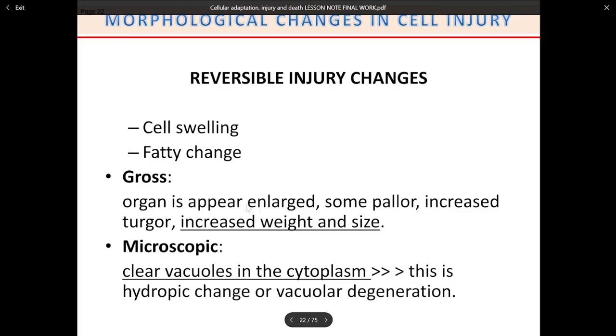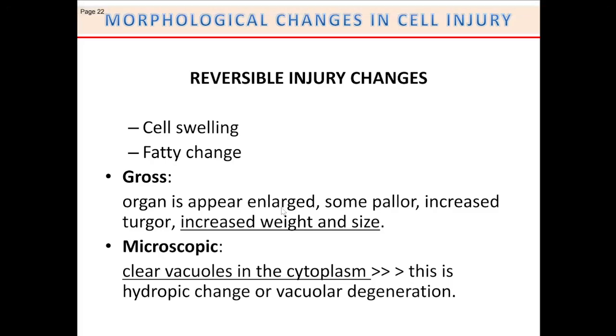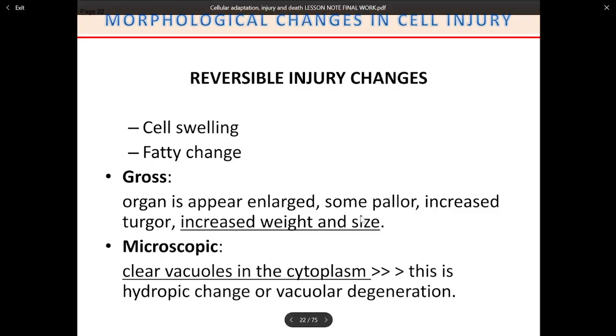Looking at the organ grossly, the organ usually appears enlarged. Some may be pallor, some may show an increase in weight and size. Microscopically, there are clear vacuoles in the cytoplasm of the cell. This results in hydropic changes or vacuolar degeneration.